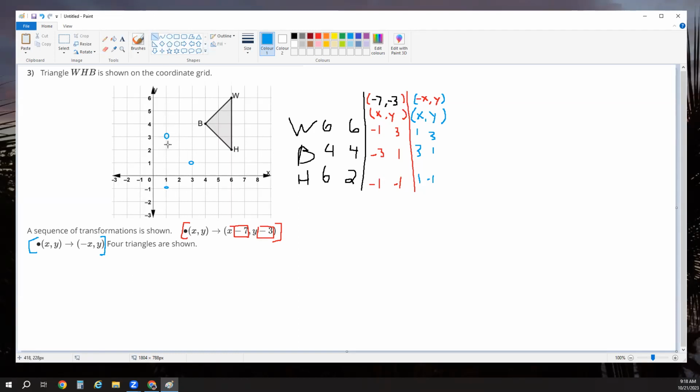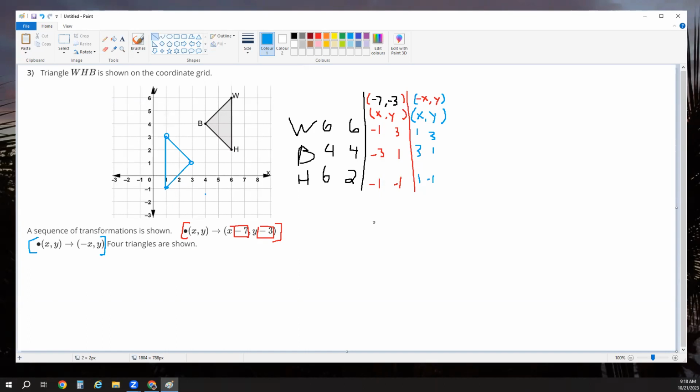Okay, connect them together. That was a reflection, by the way. That was a reflection across the y-axis because the y's stayed the same, but the x's flopped.